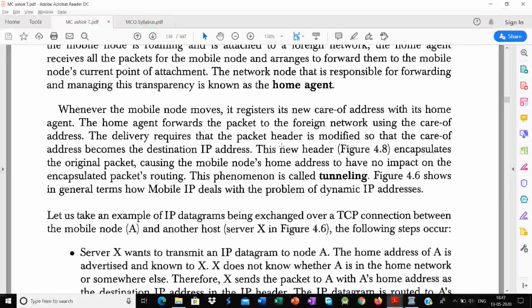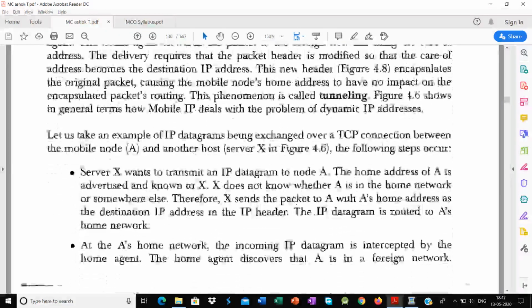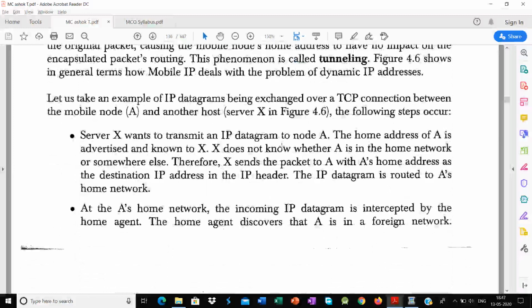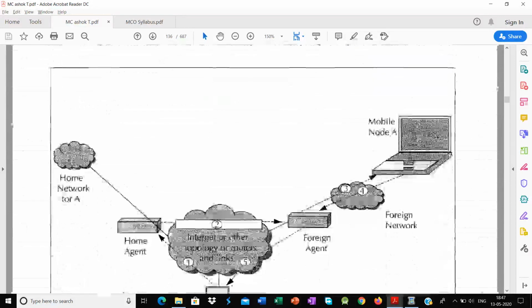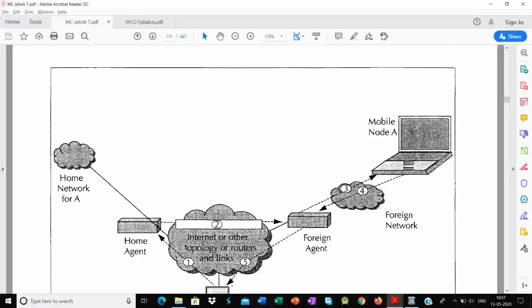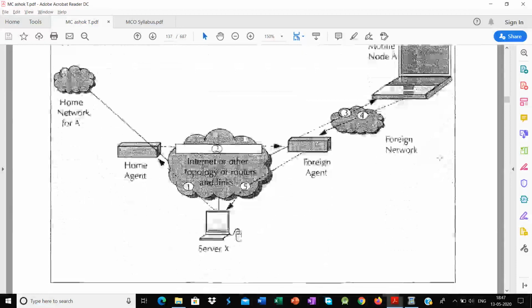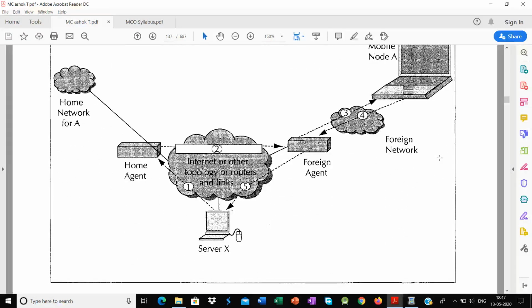You can refer to the diagram, which shows one example where mobile node A and mobile B are going to communicate with each other. For example, mobile node A and home network A are there. You can communicate via tunneling by using the servers.